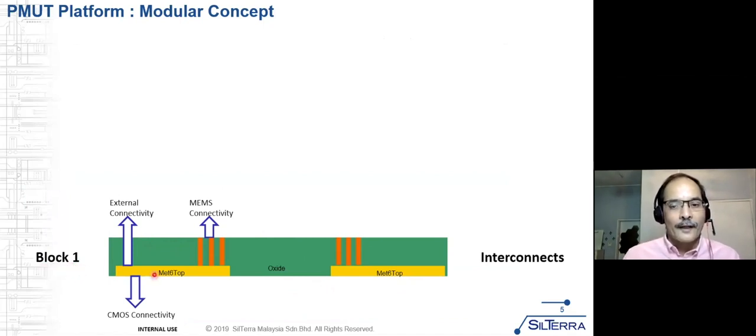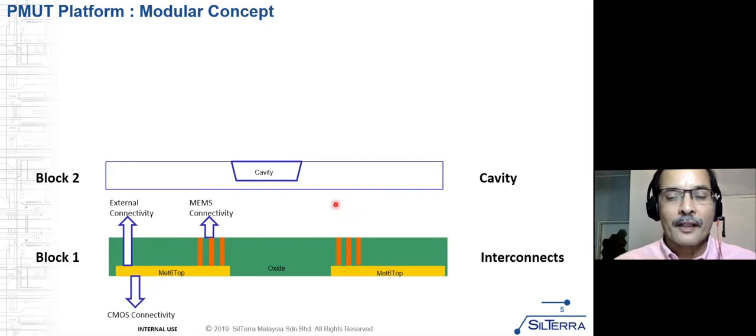This is block 1, which is primarily used for interconnects. This block allows connectivity to the MEMS, the bottom part allows connectivity to the CMOS, and this part allows connectivity to the external part. If you're not doing a monolithic solution, you can disregard this connection. Then you have the external connectivity and the connectivity to the MEMS. This one we call block 1.